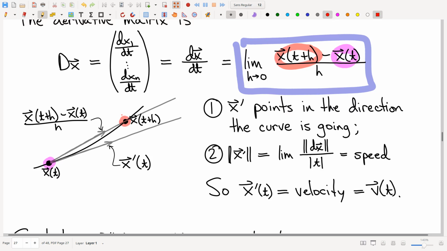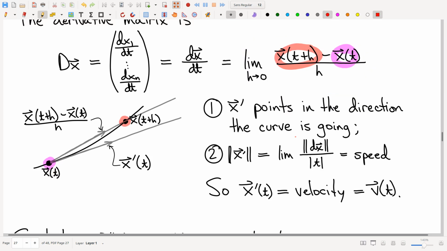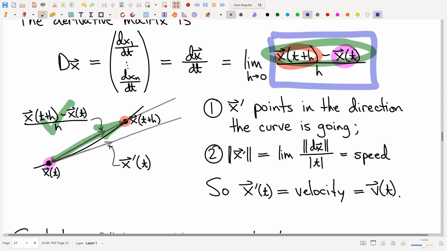And then if I look at the difference, okay, a difference is a subtraction, it is a displacement, you might say, right? If I divide by h, dividing by h is going to change the magnitude a little bit, making it a little shorter.